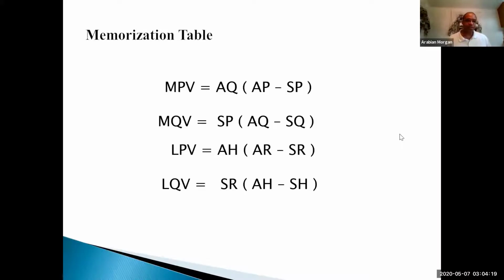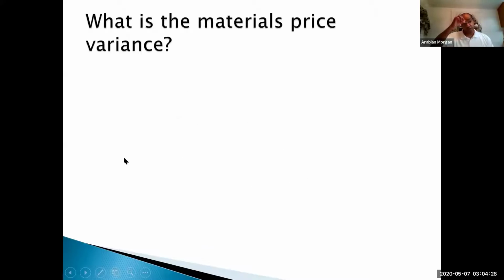Okay, so you've rewritten this, or you've written down those formulas. Now, the first question is, what is the material price variance? So this is the formula that we're about to fill out, the MPV, materials price variance. We're going to just input our numbers from page 425 into this formula here.